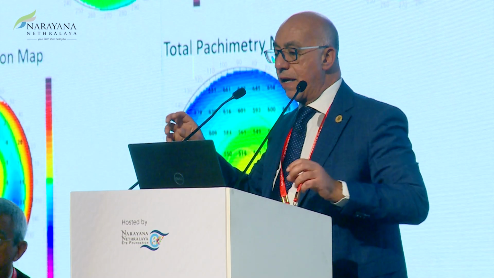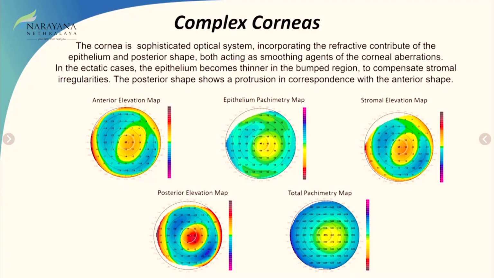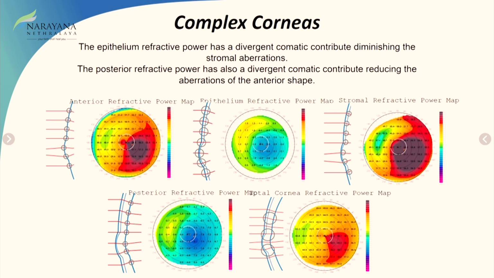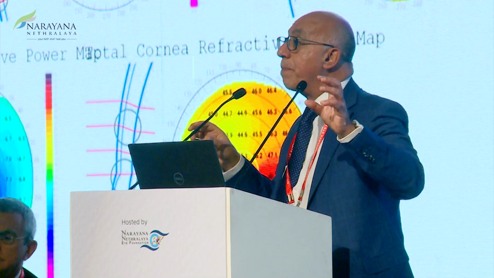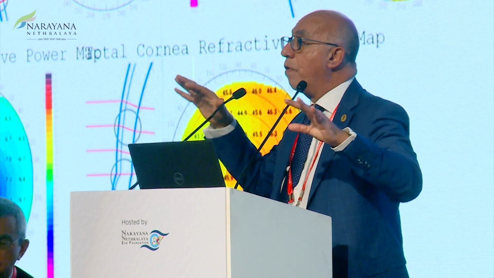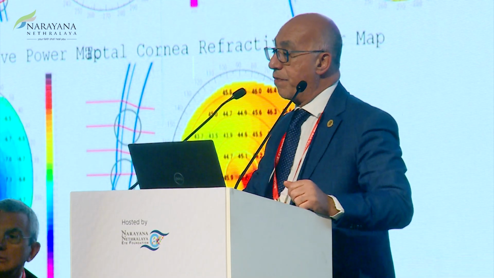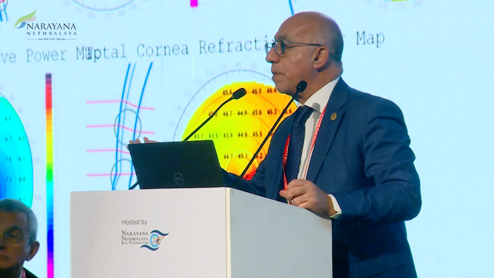So regarding the complex cornea, this Precisio, which is a high-definition tomographer, can define to you what we have in mind, like the elevation maps, anterior, posterior, and epithelium one, and also the total perimetry maps. But not only this, it can ray trace the rays of light when it passes through this complex cornea, into different layers of the cornea to define the lens that will be formed by the anterior surface of the cornea, the epithelium, which here plays a major role also of changing the refractive error of the cornea, and of course the posterior surface.